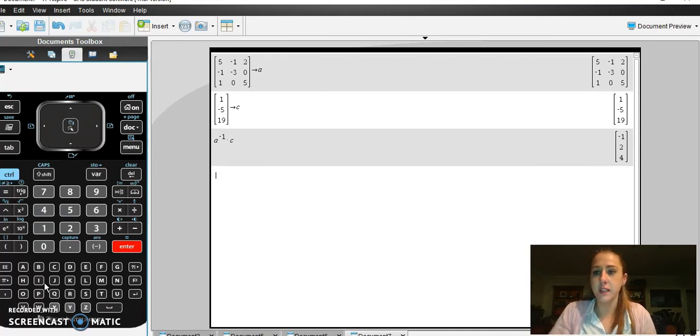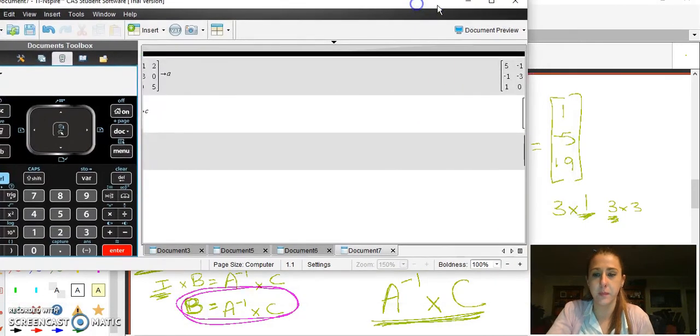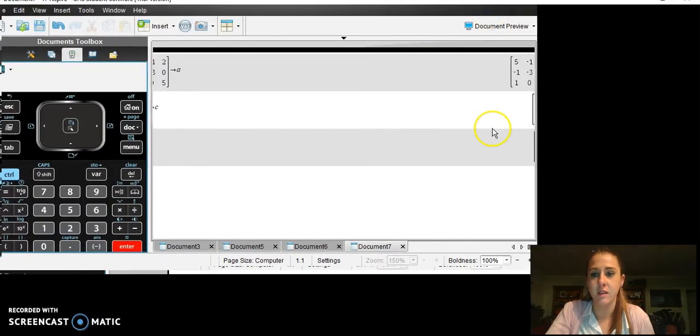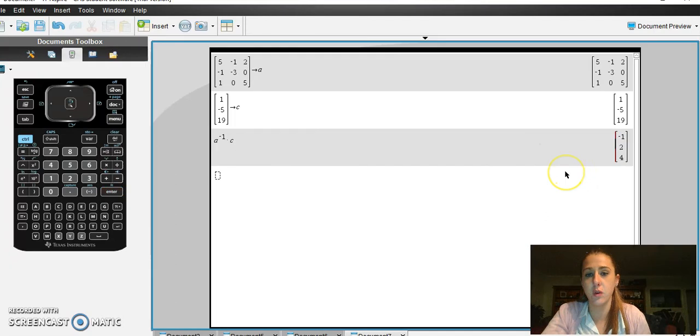So what that essentially means is that, if we take that information, what it's telling us when it comes up is that X is equal to -1, Y is equal to 2, and Z is equal to 4.